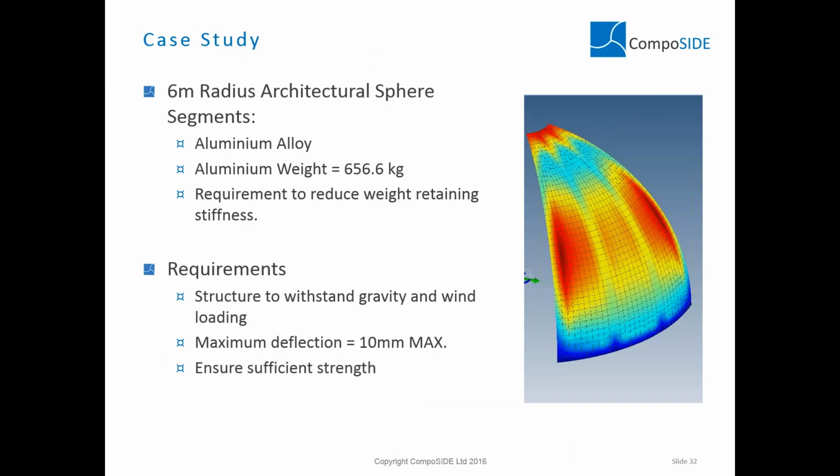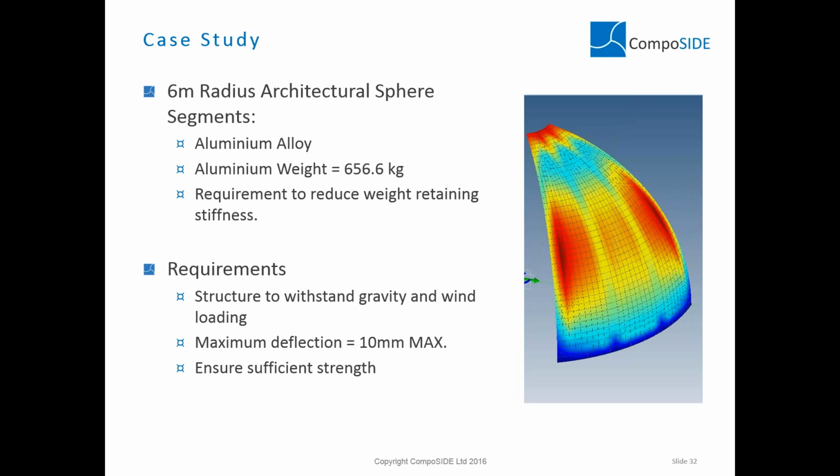So the case study again is this aluminium alloy 6-meter radius architectural sphere segment, roughly 650 kilos, and we need to reduce the weight while retaining stiffness. So the requirements: the structure is to withstand gravity and wind loading, so it's just a pressure and a gravity loading. And our maximum deflection is 10 millimeters, ensuring sufficient strength.